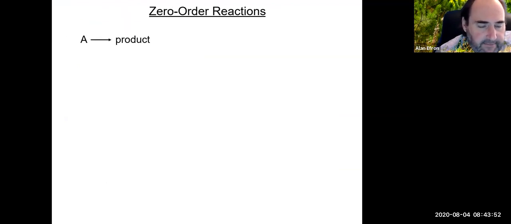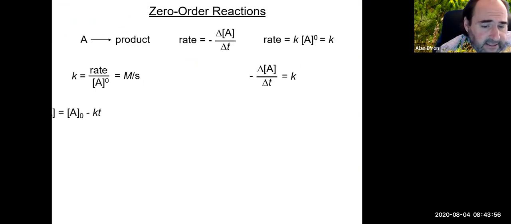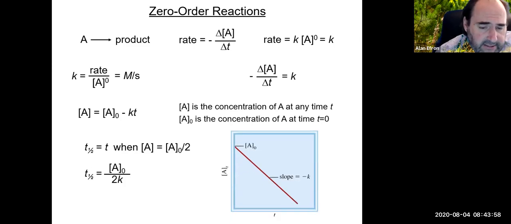Now, the last type of reaction we're going to talk about in terms of orders is a zero order reaction. A zero order reaction is usually when you have perhaps one reactant and it's to the zero order. When you take anything to the zero, it does equal 1.